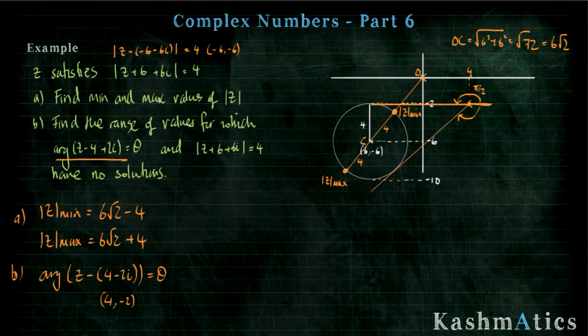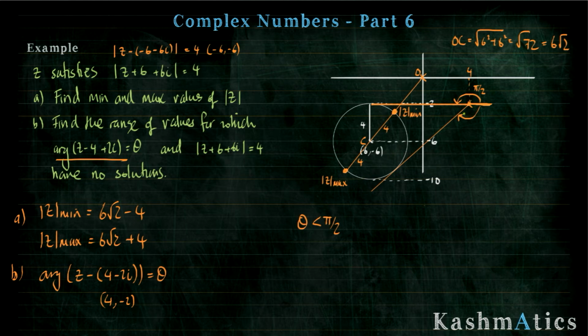Okay, so remember this is where I'm measuring my argument from, so as long as the angle is less than pi over 2, so as long as theta is less than pi over 2, okay, so in this direction pi over 2 would hit the circle, I need it to be less than pi over 2, then I'm not going to have a solution.